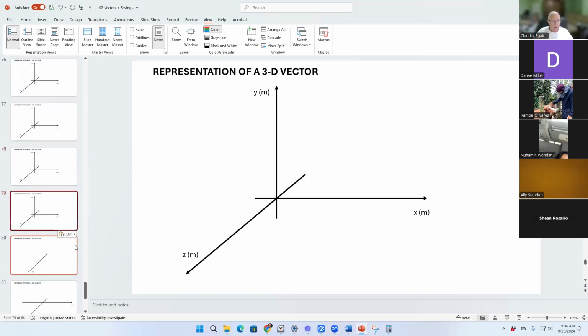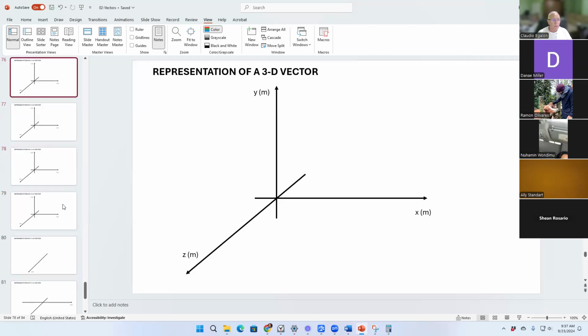Here you go. The other one should be Y, Z, and X. Three different ways of representing the three-dimensional space. They are all the same and correct, okay?